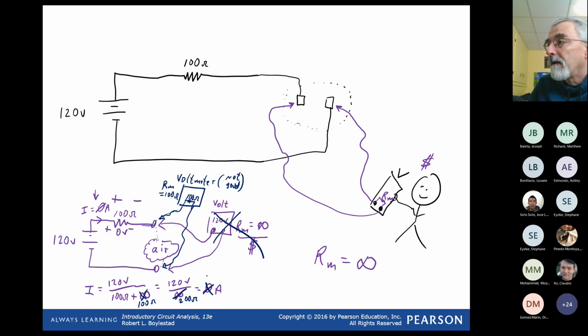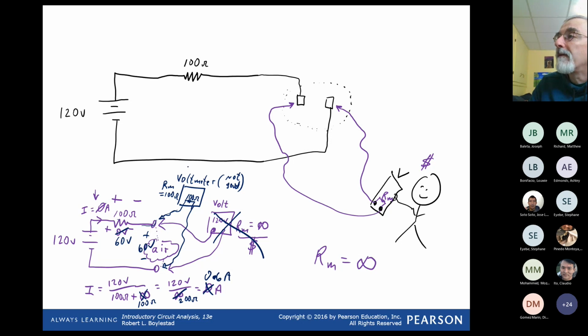We are getting 0.6 amps of current. And now that means that we're going to get 60 volts here. 60 volts dropped across the meter, and our voltmeter will measure wrong.